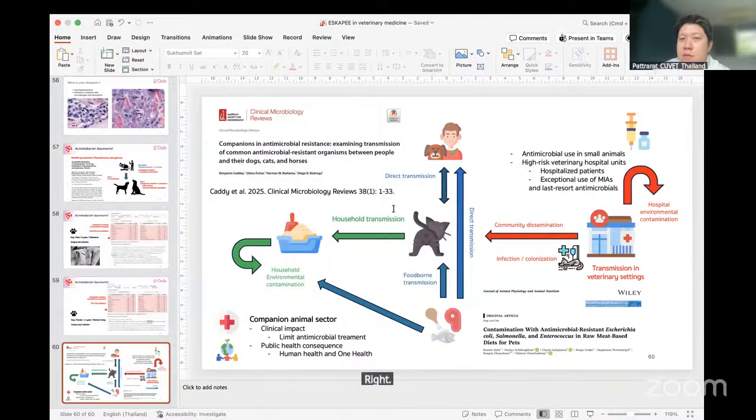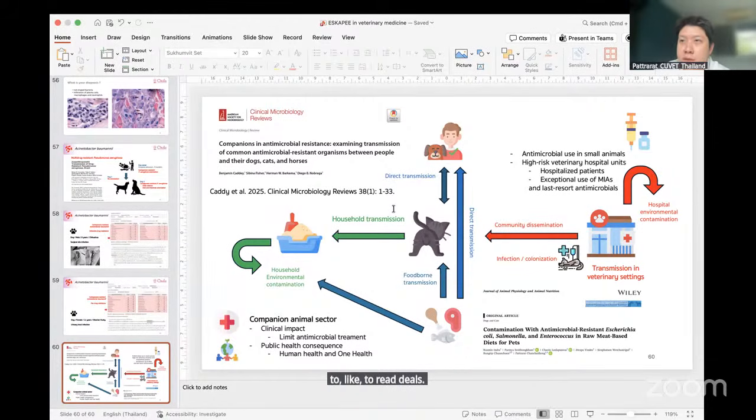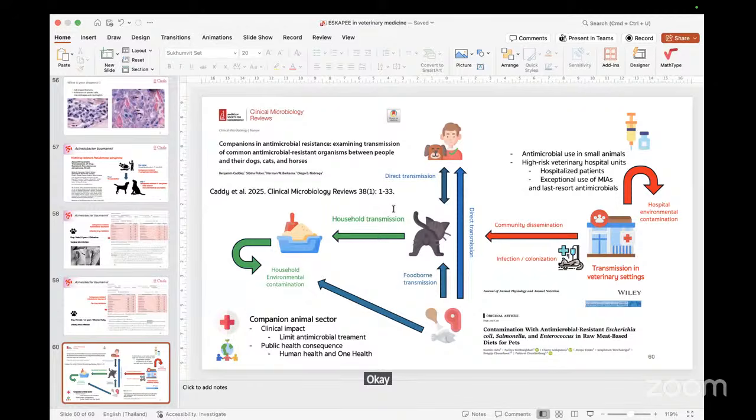In aquatic animals and fish farms. And for the human side, they also monitor the wastewater from healthcare settings to reduce the spread. Okay, thank you, Enda.